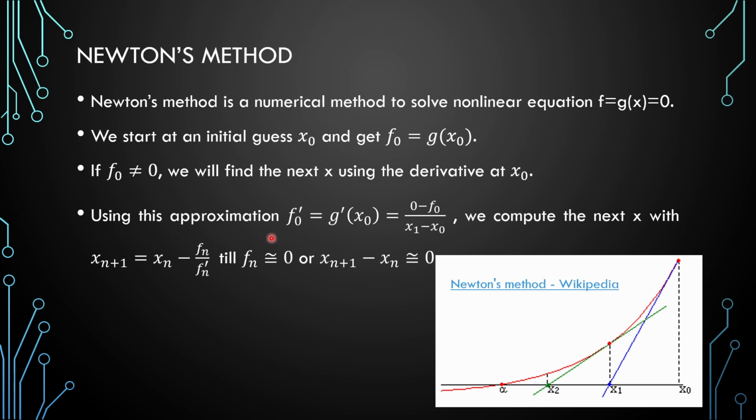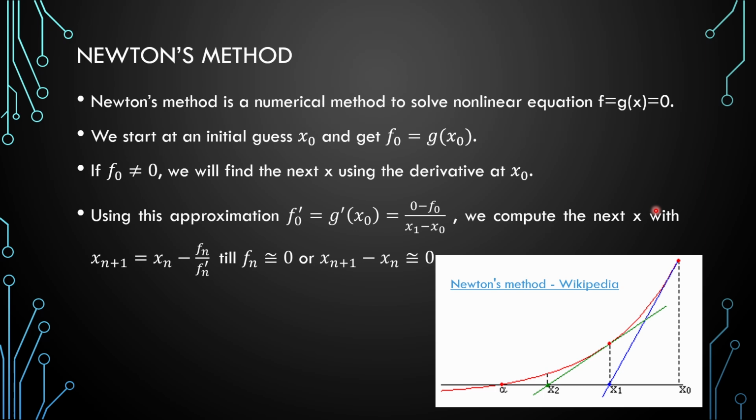Here we use a finite difference approximation of the derivative at x0, so that f0 prime, which is g prime of x0, approximately equals 0 minus f0 over x1 minus x0.